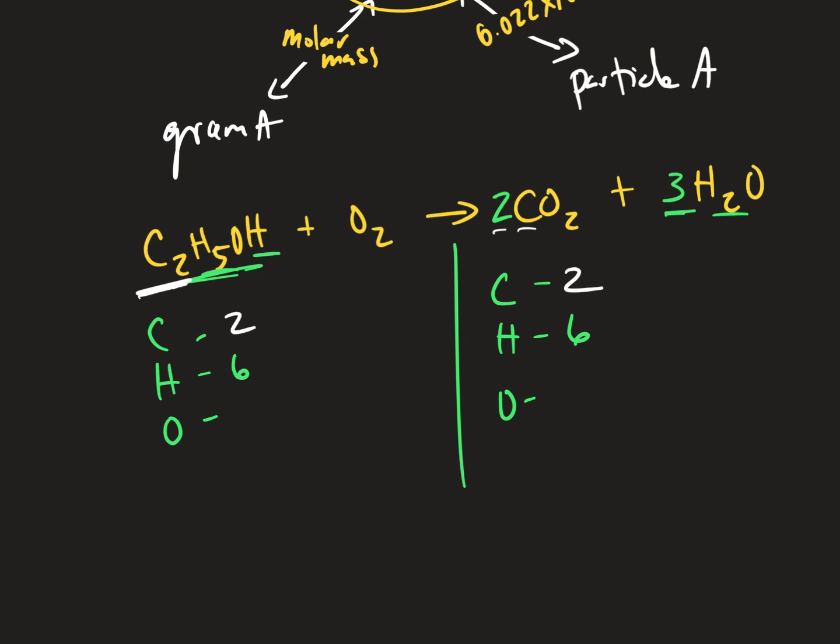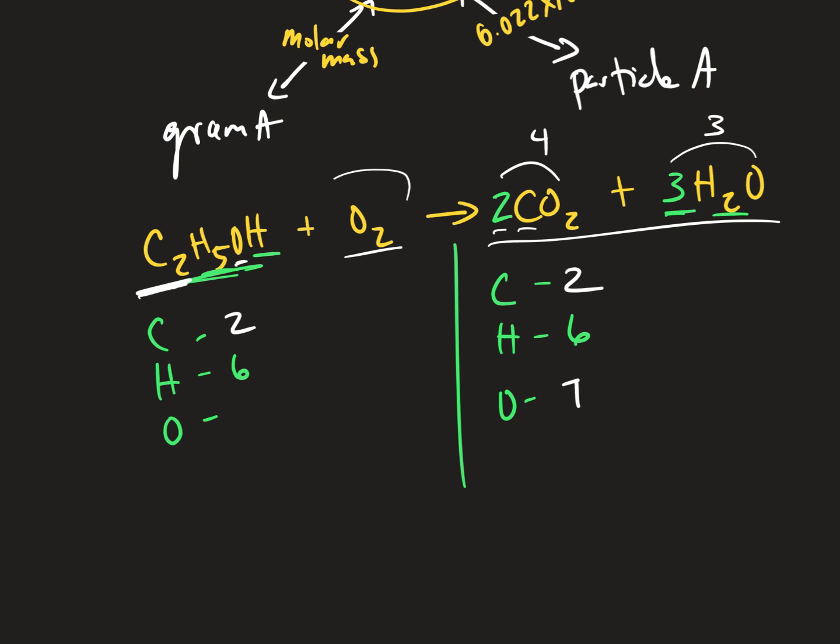Now the last thing are the oxygens. Let's start on the right side because it's already balanced. 2 multiply 2, that's 4 here. 3 multiply 1, that's 3 there. That's a total of 7. Now we got to have 7 on the left. Don't forget we have 1 right there, and we have the O2.